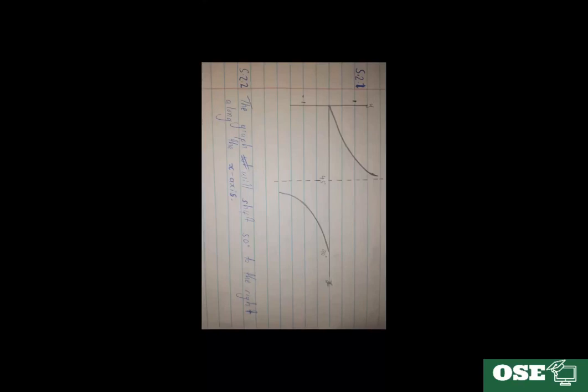Here's Nigel's graph. And then the last question asks us, describe how the graph M has to be transformed to form the graph N, where N equals 50 degrees.